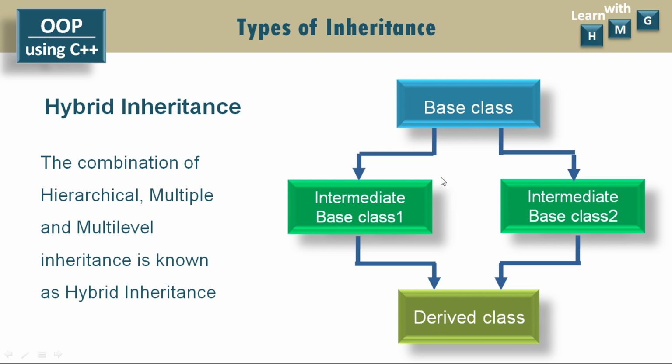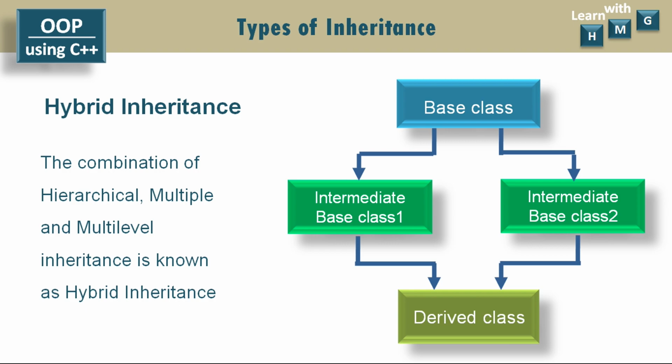So this is forming a multi-level inheritance. Similarly, base class, intermediate base class 2 and derived class, these three classes form another multi-level inheritance. So like this there are two paths of multi-level inheritance. One is left side and one is right side. So like this is the combination of hierarchical inheritance, multiple inheritance and multi-level inheritance, and totally it is called as hybrid inheritance.